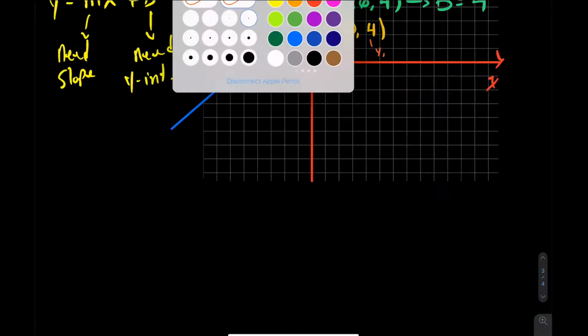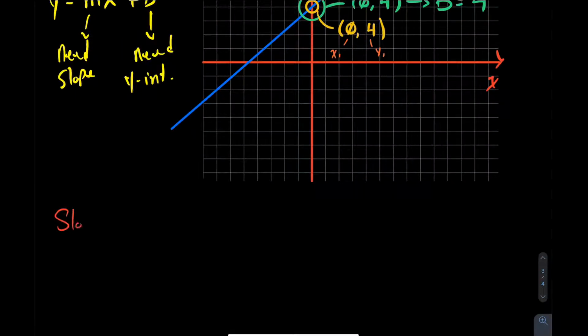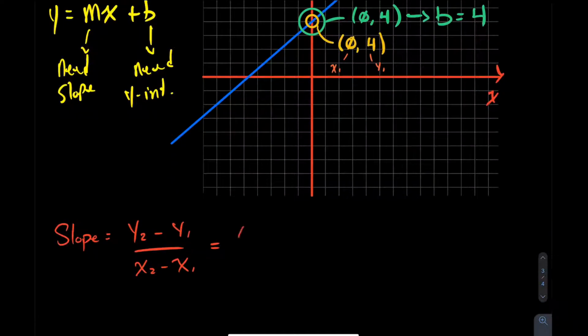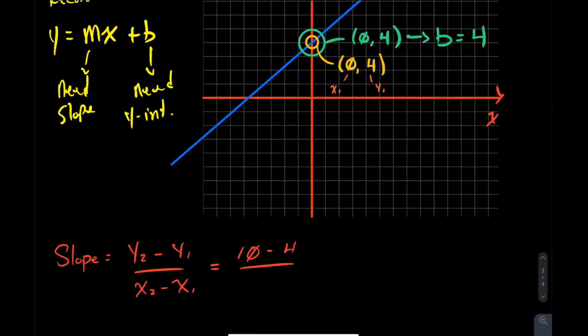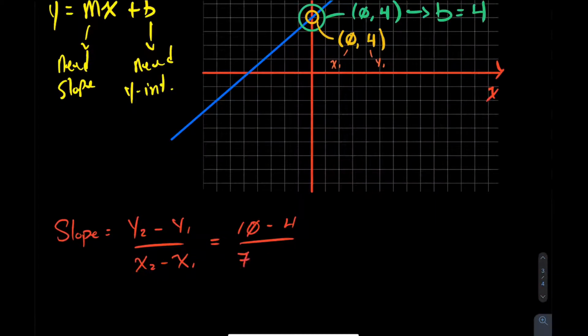So let's figure out our slope. Remember, slope equals y2 minus y1 over x2 minus x1. Our y2 value was 10, minus our y1, 4. Our x2 was 7, our x1 was 0. So what's 10 minus 4? Well, that's just 6 over 7.